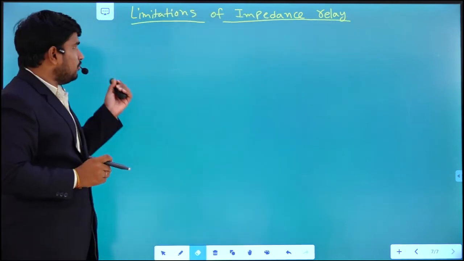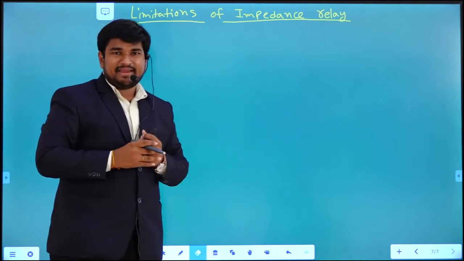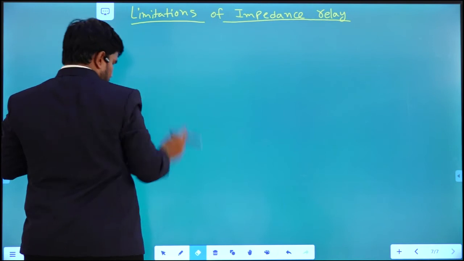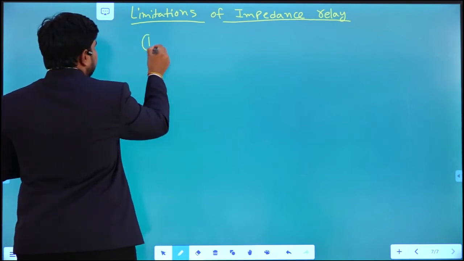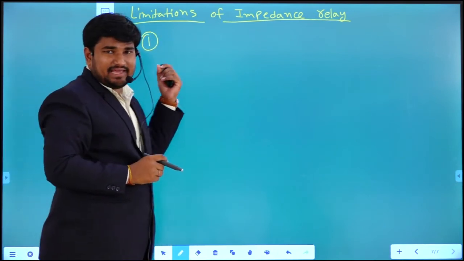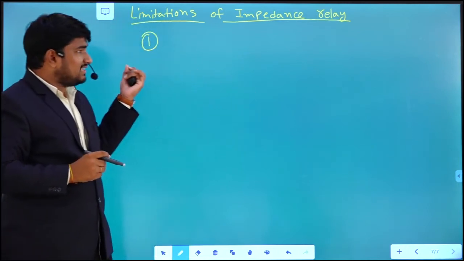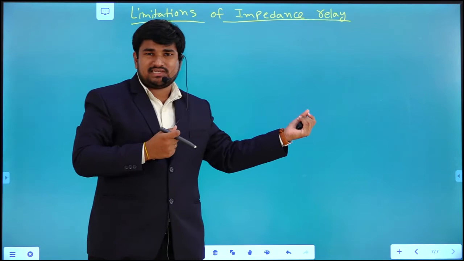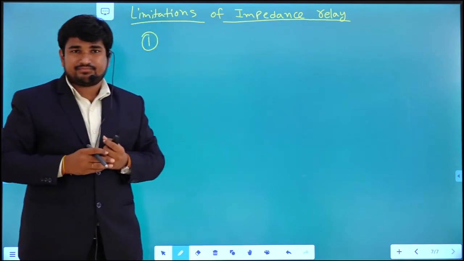Now let us move on to the limitations of the impedance relay. The first limitation of the impedance type relay is, for example, if a fault is produced with arcing.